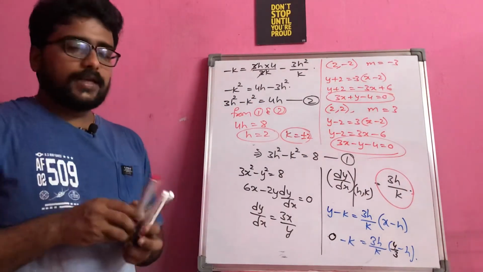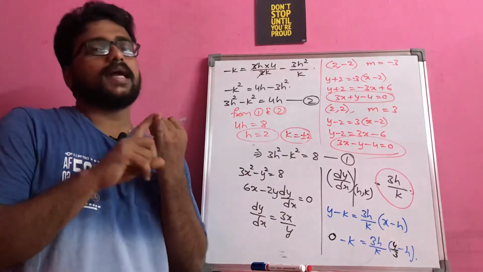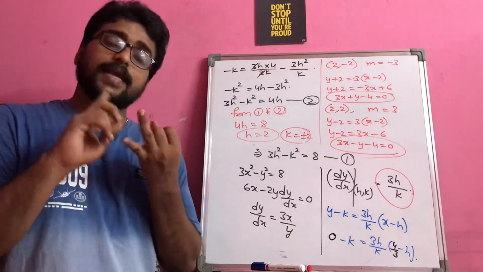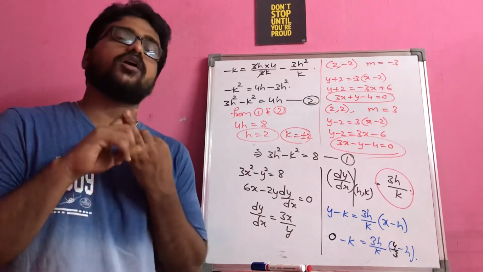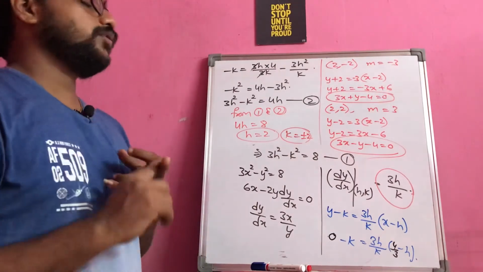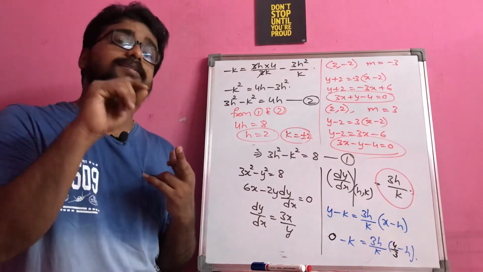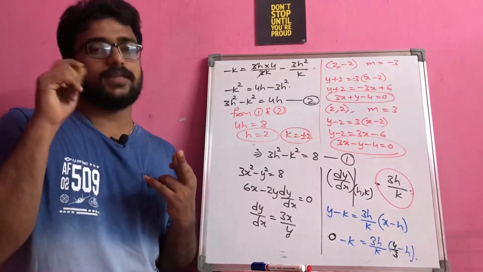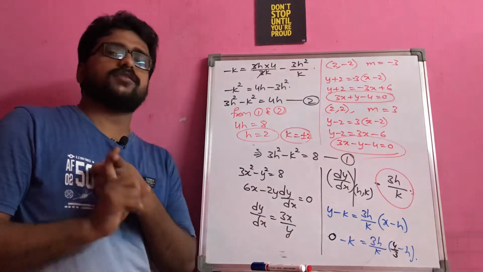So the takeaway from this question: first, what they had asked us. Second, according to what they are asking, what we can find out. Third, we should make sure that 4 by 3 comma 0 is representing the point the tangent is passing through, not the point of tangency. They didn't mention at what point we have to find the tangent.